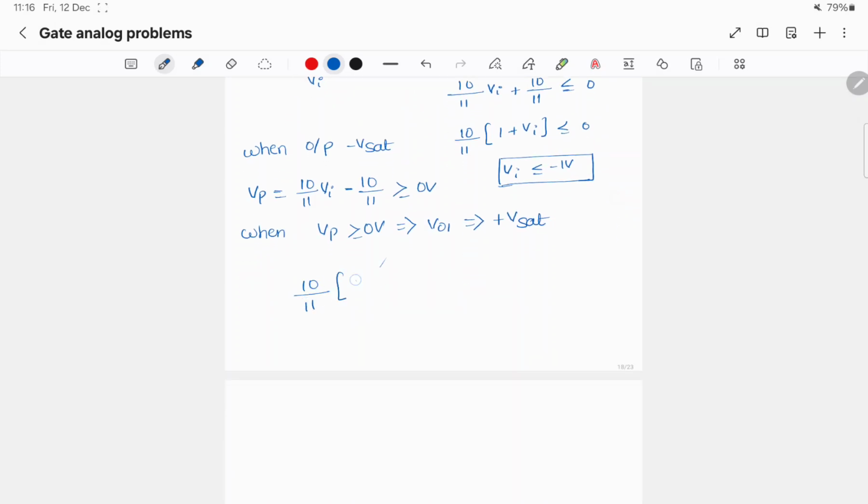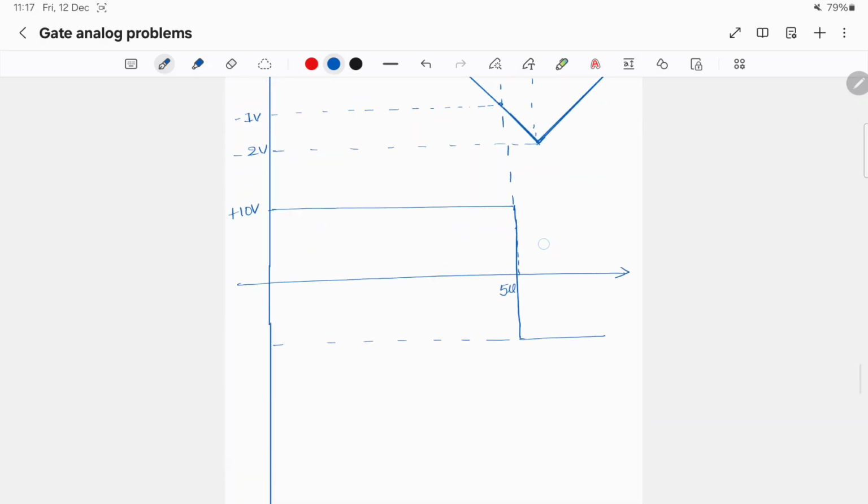Take 10 by 11 common, Vi minus 1 should be greater than 0 volts. For this, Vi should be greater than or equal to 1 volt. When Vi is greater than 1 volt, VO1 will go to positive Vsat.